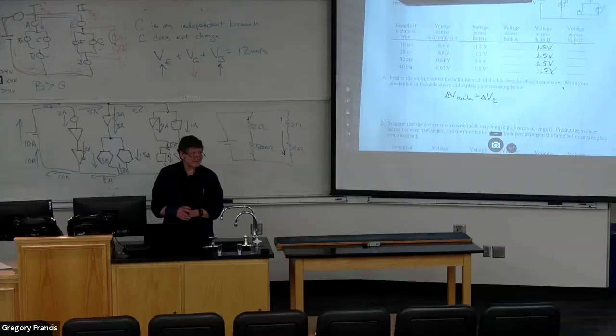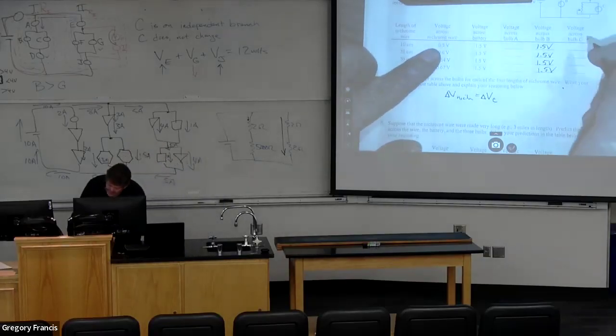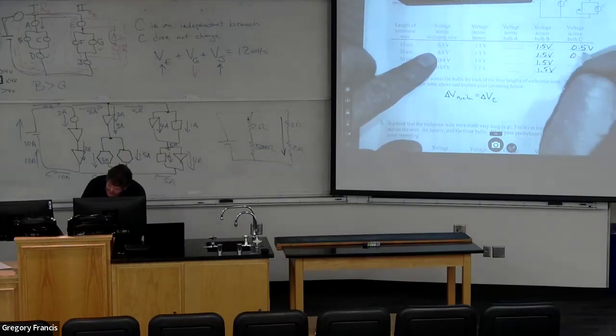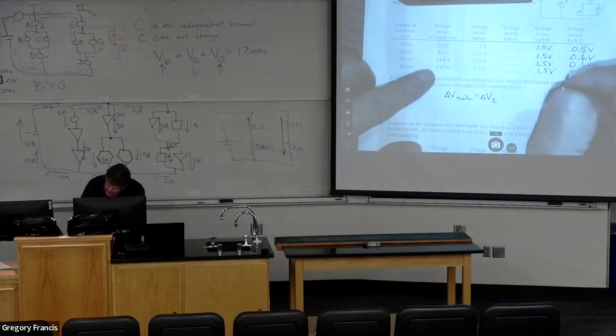Just like Parker said, because they're parallel. Any parallel path has to have the same voltage across it. And so if there's a half volt across the nichrome, there's a half volt across bulb C. And if there's 0.6 volts across the nichrome, there's 0.6 volts across bulb C. And this would be 0.64, and this would be 0.67.